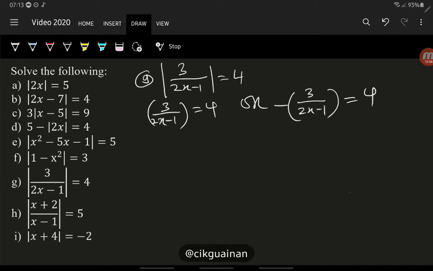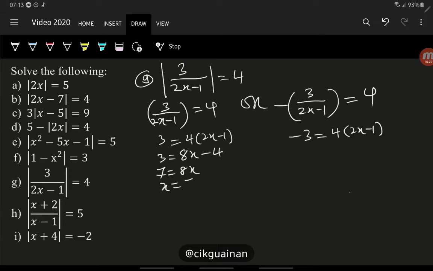Okay, so we break them up. So 3 over, I don't need the 3 over. Bring it over there, 4 times (2x minus 1). This one also, minus 3 equals 4 times (2x minus 1). Okay, so 3 equals 8x minus 4. So 7 equals 8x.